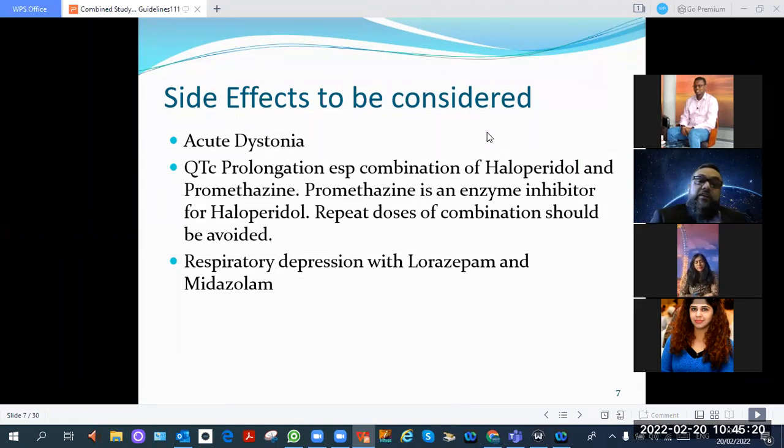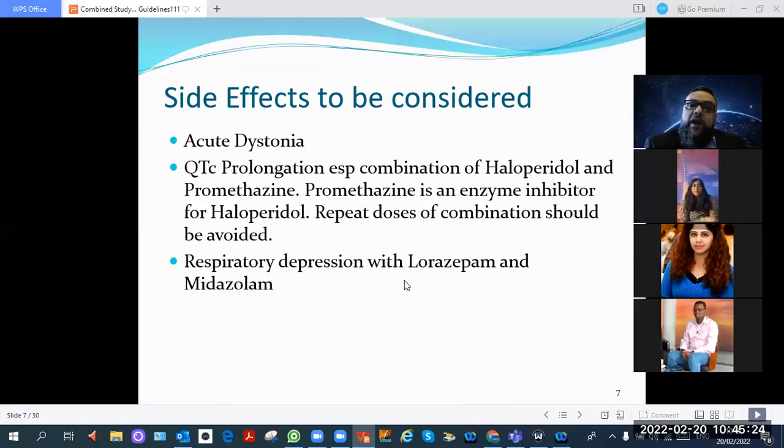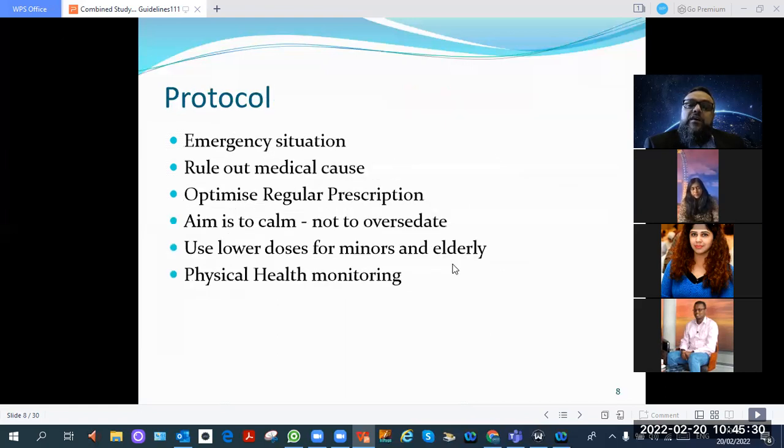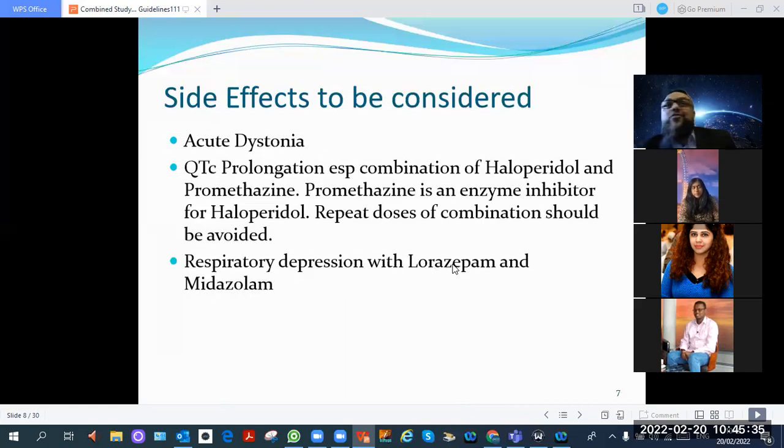Okay, thank you. So respiratory depression with lorazepam and midazolam can happen. Dr. Benzi, your question is that promethazine increases the levels of haloperidol.